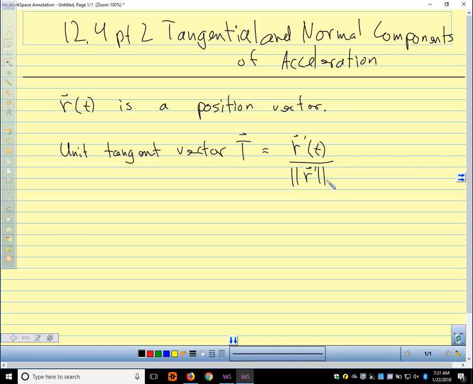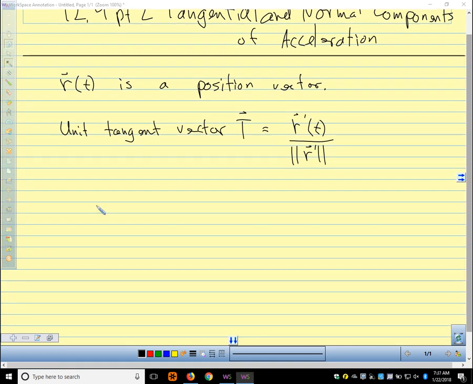And we're going to call the velocity vector v of t, and we'll call scalar v, the magnitude of our velocity vector, the speed.